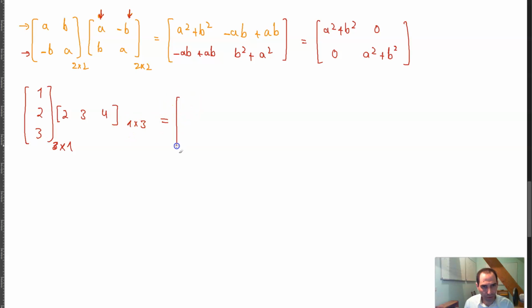So this row by this column is going to be 1 times 2 is equal to 2, 1 times 3 is equal to 3, 1 times 4 is equal to 4, 2 times 2 is equal to 4, 2 times 3 is equal to 6, 2 times 4 is equal to 8, 3 times 2 is equal to 6, 3 times 3 is equal to 9, and 3 times 4 is equal to 12. Right? So that is that.